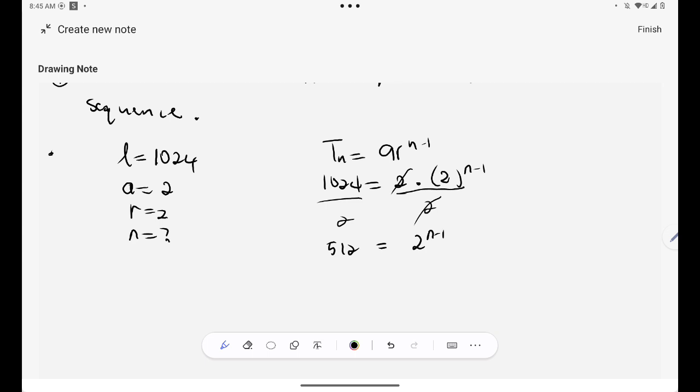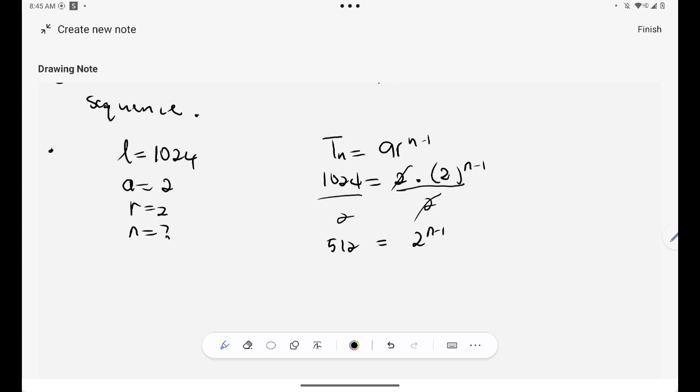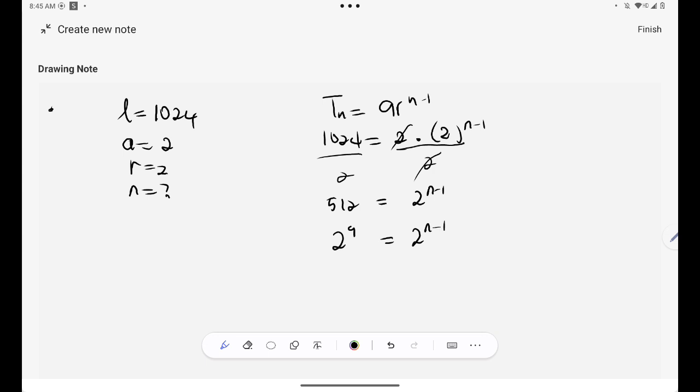512 can be found by doubling: 2, 4, 8, 16, 32, 64, 128, 256, 512. This is 2 to the power 9. So whenever the bases are the same, that means the exponents are equal.